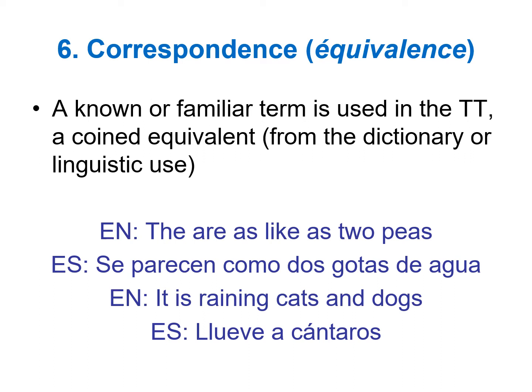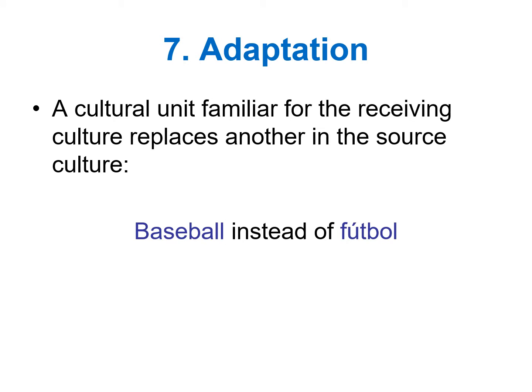This correspondence or equivalence procedure appears to be very restricted in Vinay and Darbelnet's usage to the translation of idioms and proverbs. And finally, I think we have the adaptation. We find cultural units that might be familiar for the source language readers, and we replace them with cultural units familiar to the target readers.